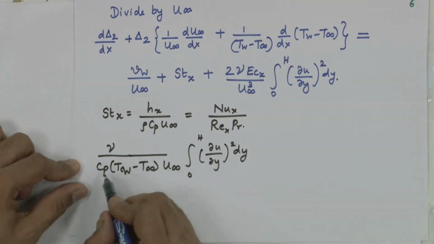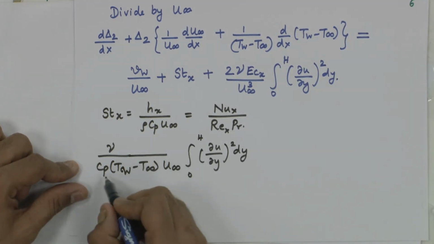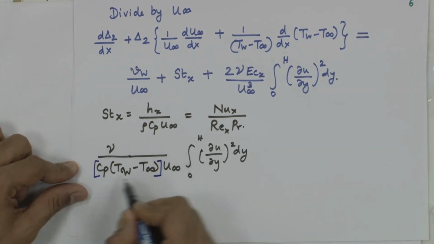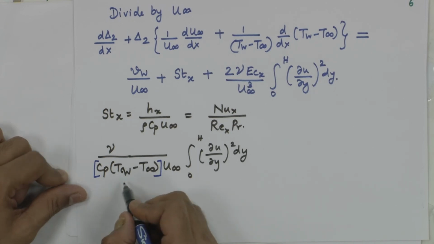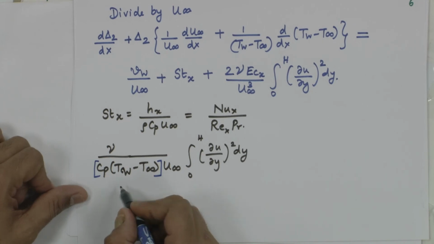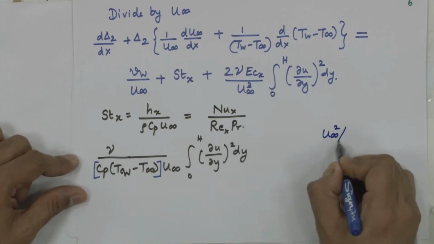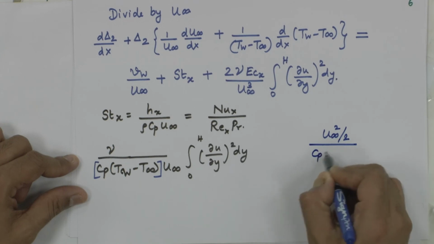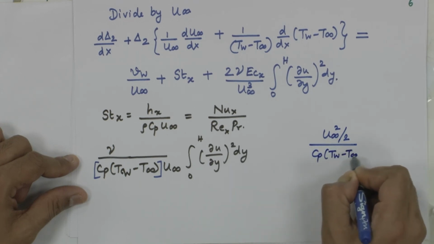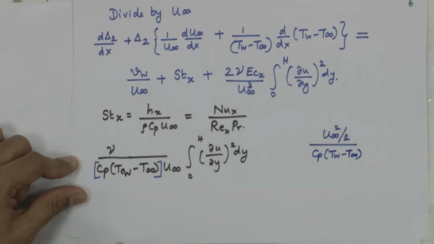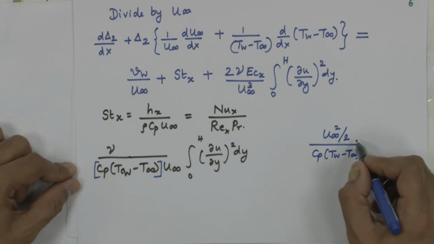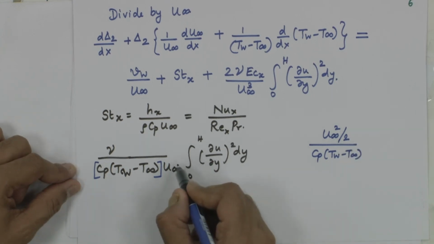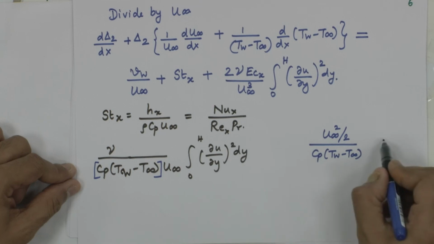The Eckert number basically is the ratio of kinetic to sensible energy, with Cp delta T in the denominator. So, u infinity squared by 2 divided by Cp times Tw minus T infinity. This is the definition of the Eckert number. You substitute for this. That is why you get 2 times the Eckert number; the u infinity you have divided by is here, so this is going to be 1 over Eckert number.